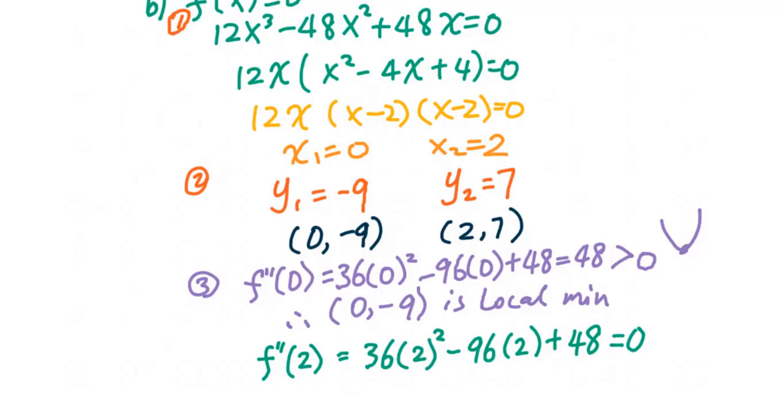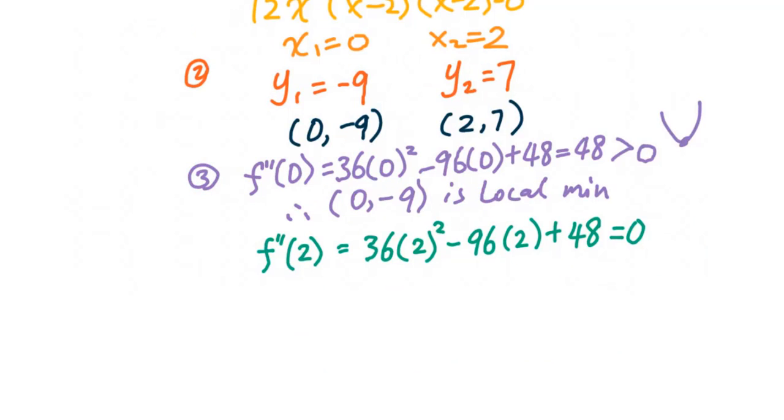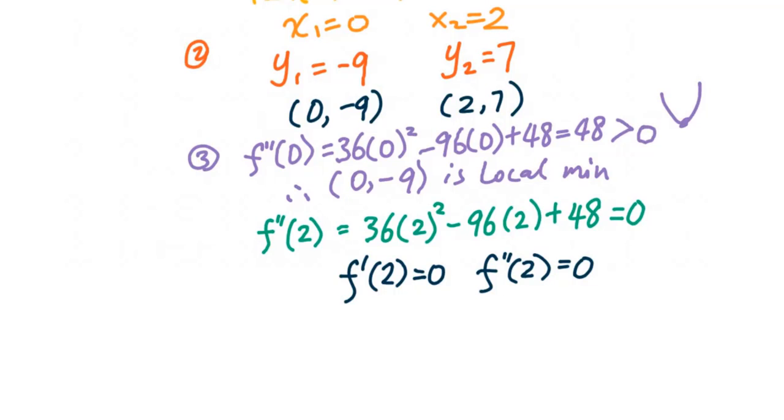You get 0 here. Since the first derivative at 2 is 0, and the second derivative at 2 is also 0, you still cannot decide this is a stationary inflection point unless you do the neighbor value test for this 2.